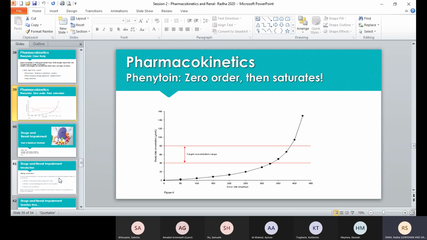But as we increase the dose, there is such an exponential growth in plasma concentration that a little adjustment can significantly increase plasma concentration. And so you need to increment the dose really slowly and monitor with phenytoin. That's just an example of phenytoin toxicity and what it might look like.